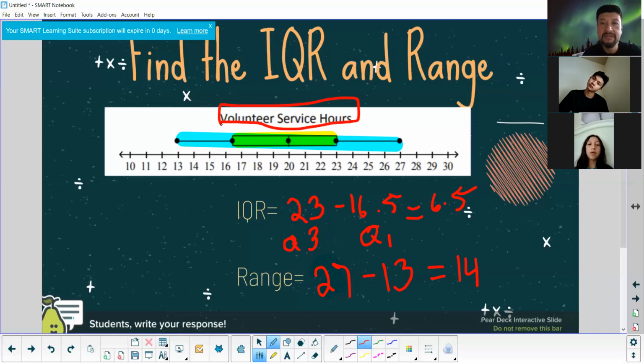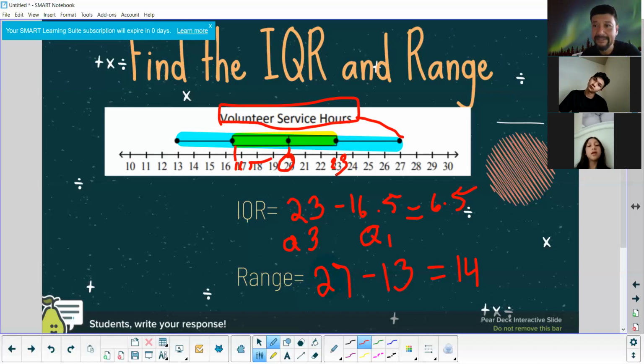So one thing I can tell you is that for the most part, most people are doing 20 hours, but there is a range of about 6.5 hours. From 20, people are either at 16.5 on average, or they're doing about 23 in this case. That's where most of them are.